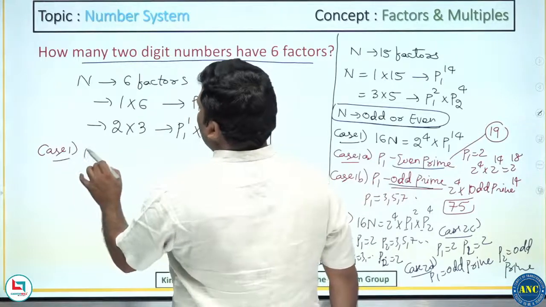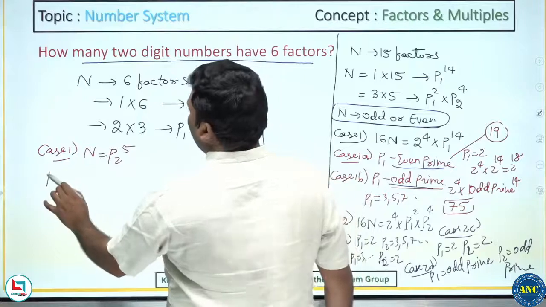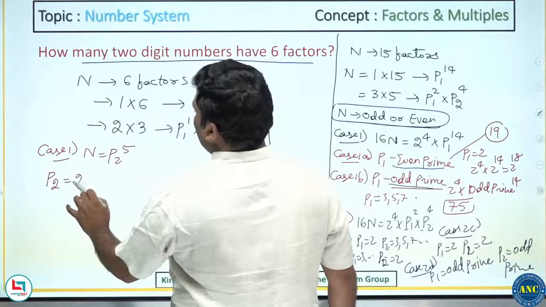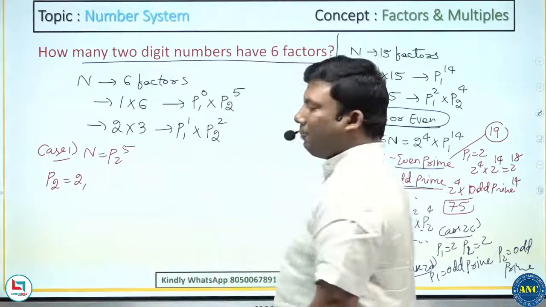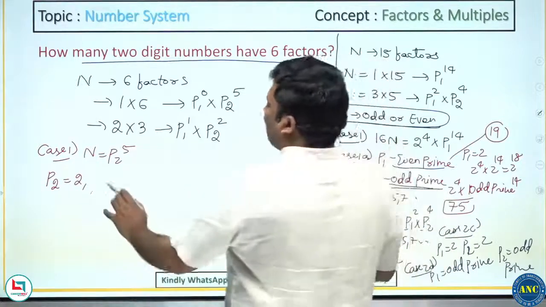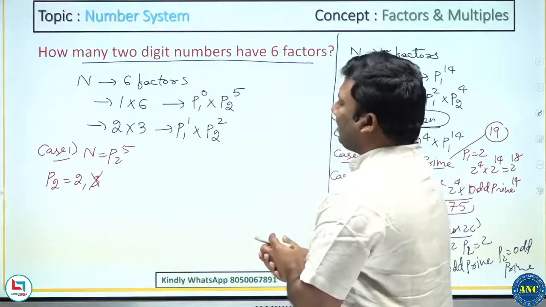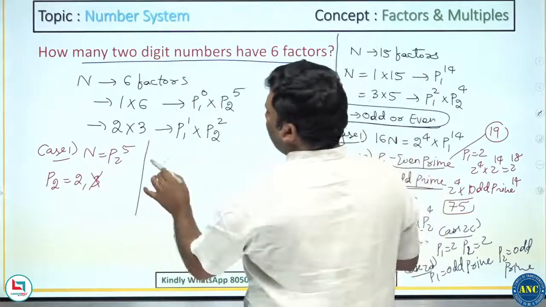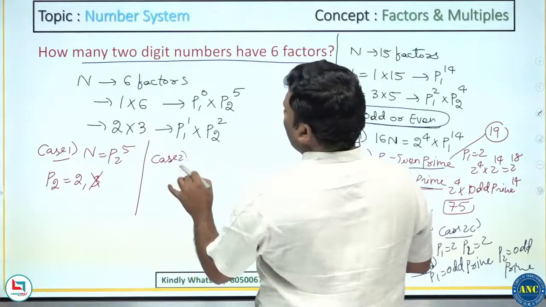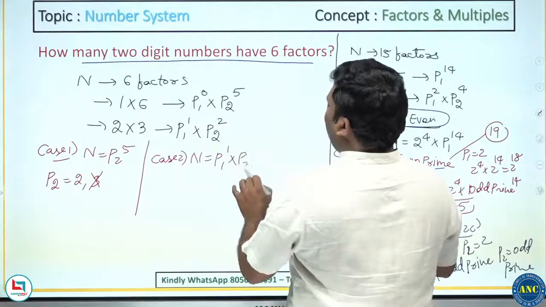Case 1, n is p2 power 5. Two-digit numbers I require. So p2 can be 2. If p2 is 3, 3 power 5 is 243. It is a 3-digit number. This cannot be. 2 power 5 is 32. Case 2. n is p1 power 1 into p2 square.